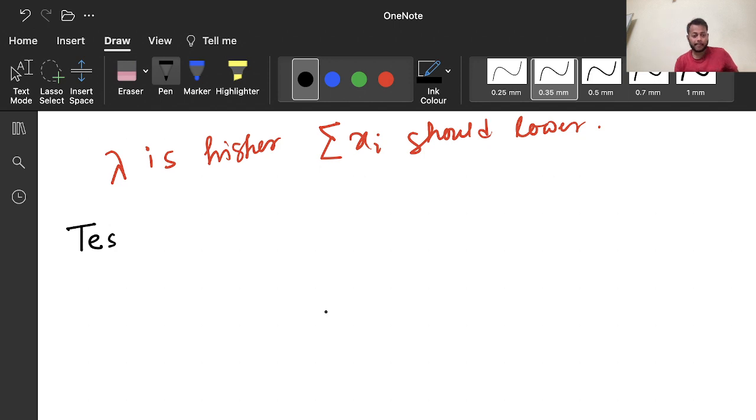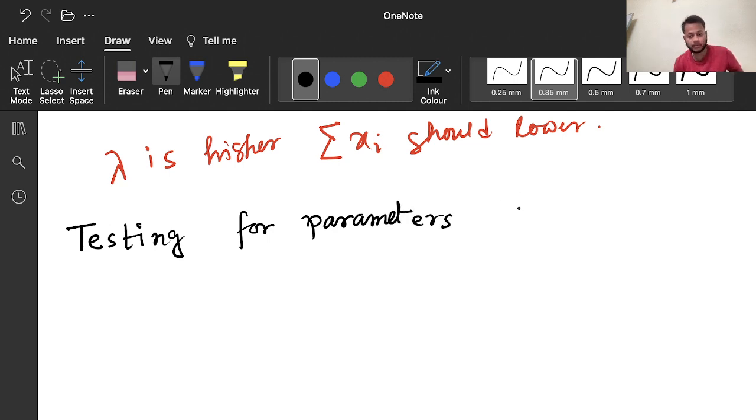That we'll see. The testing for parameters of a normal population.